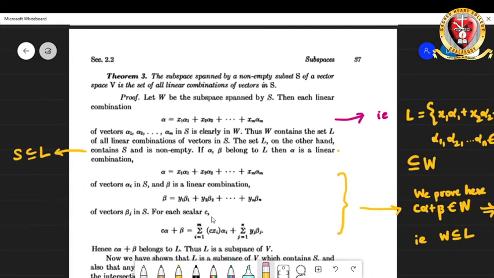Now for each scalar c, c alpha plus beta is considered, and that will belong to L. Why?